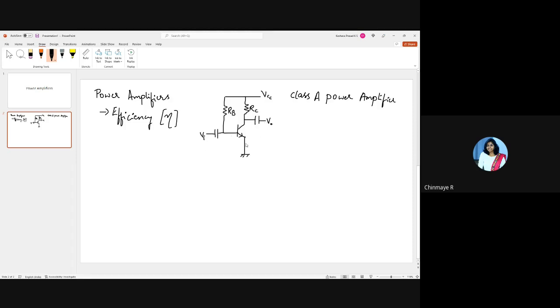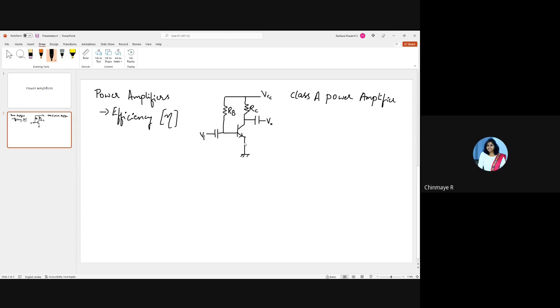This is never off. So intuitively, you can say since this transistor is always on, its efficiency is also quite low, which is correct. It's something like having a mobile where, irrespective of whether you're using it or not, the battery keeps discharging.